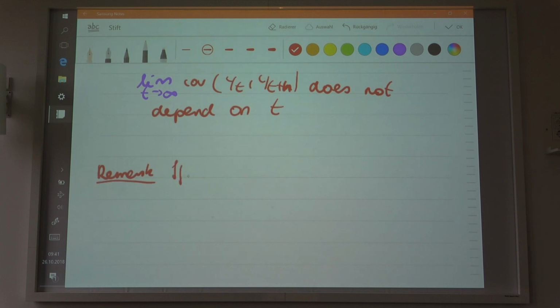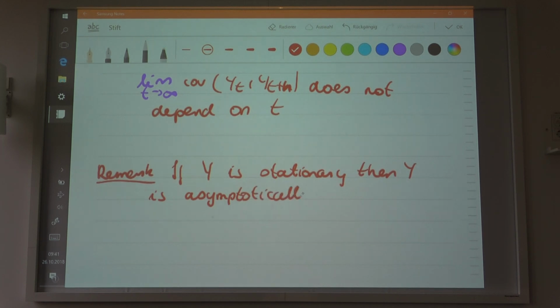So if y is stationary, then y is also asymptotically stationary. If it's stationary, then it's of course stationary in the long run. Period. Obviously. So that doesn't change.